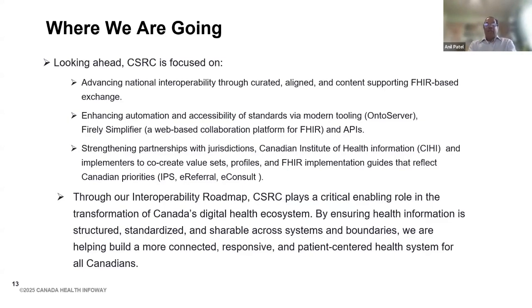It's through our interoperability roadmap that the CRC plays a critical role in the transformation of Canada's digital health ecosystem. This is by ensuring the health information is structured, standardized, and shareable across systems and boundaries, okay? That's the role that we have. And we're helping to build a more connected, hopefully responsive, and patient-centered health system for all Canadians.